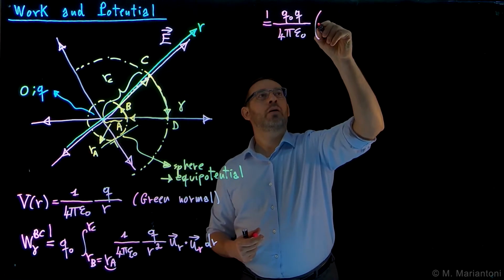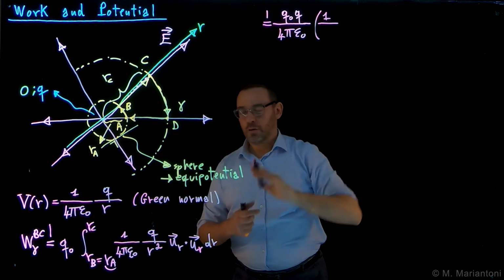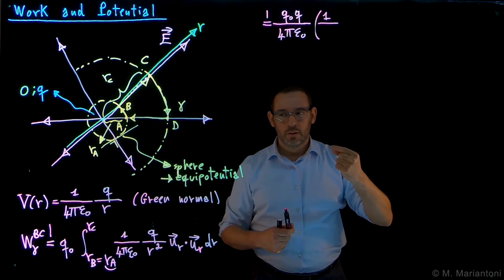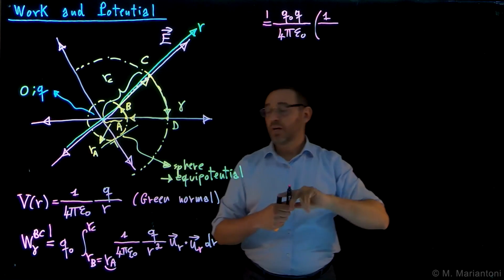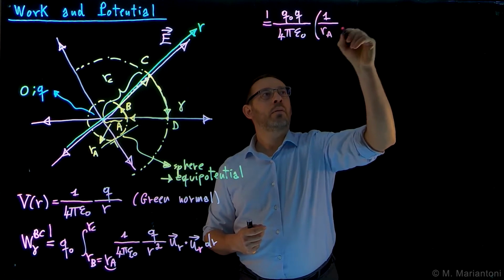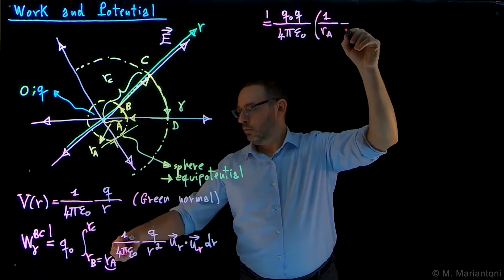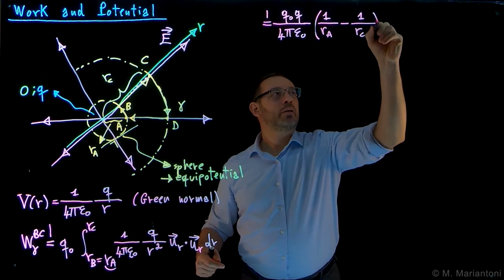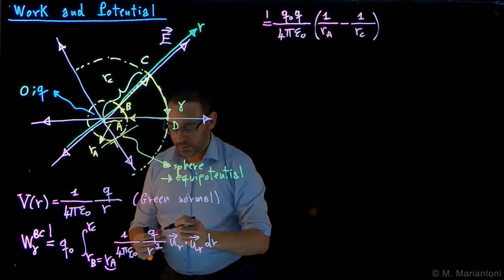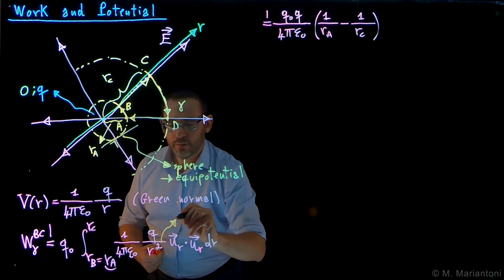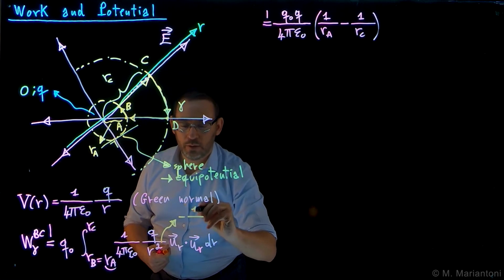Which means it's going to be, from C to A, 1 over RA minus 1 over RC. And again, the reason why it's inverted is because this integrand gives me, as we know, minus 1 over r.